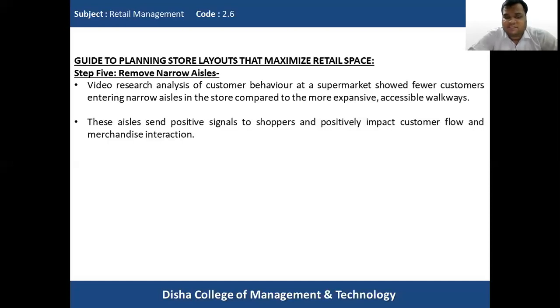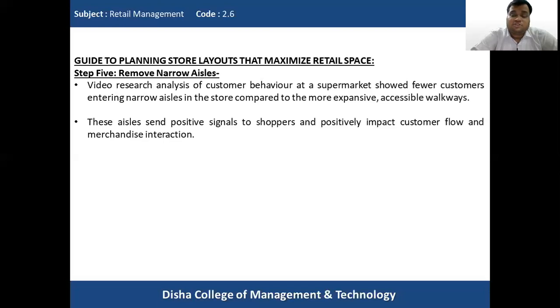These aisles send positive signals to shoppers and positively impact the customer flow and merchandise interaction. So why should narrow aisles be removed and more expansive and accessible walkways be used? Because these walkways send a positive signal to the shopper that they can browse the items on display without being touched, bumped, or interrupted.